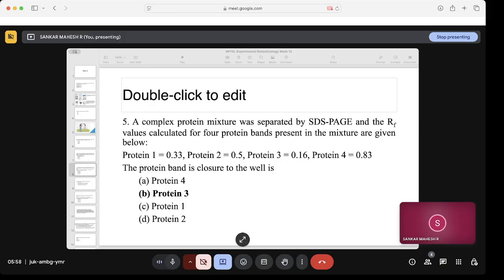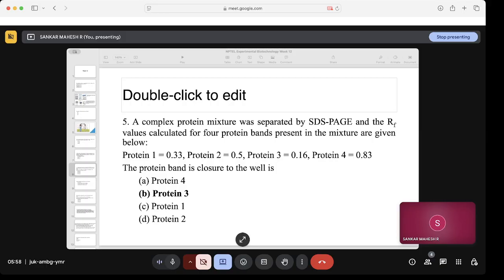No, that will not be the ideal case here. So let's say you run the gel, but you don't run the gel till its entirety. Let's say you run only till half of the gel length. Now, when you calculate the retention factor, what will be in your denominator?